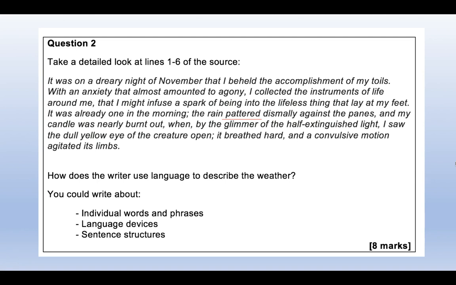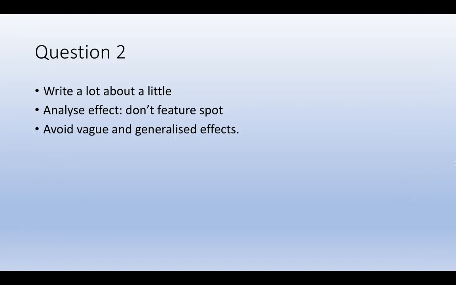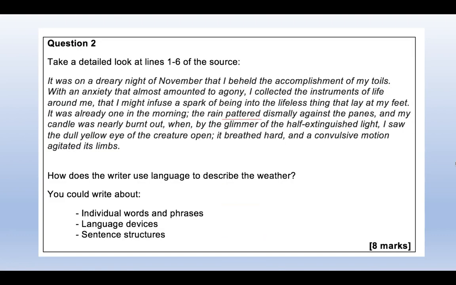Okay, now that leads into the third bullet point, avoiding vague and generalized effects, because you might find the rain pattered dismally against the panes, and you might say, that is an example of onomatopoeia. I'll say, the writer uses language to describe the weather using the onomatopoeia of pattered to describe how the rain is hitting the windows.